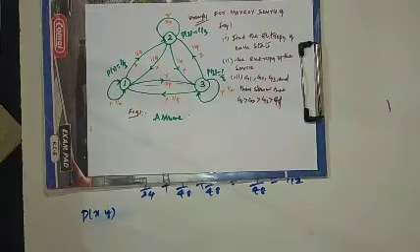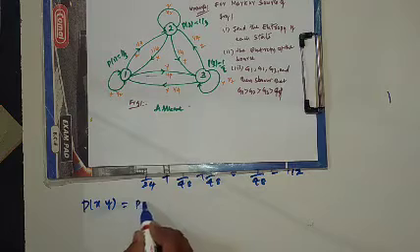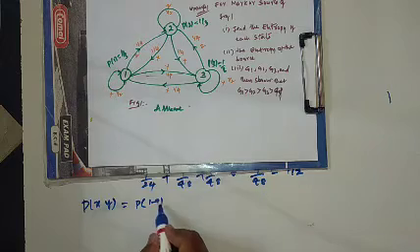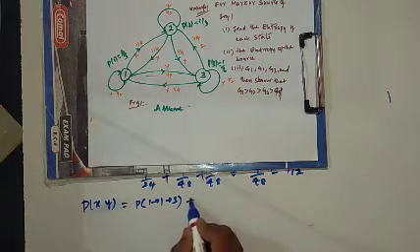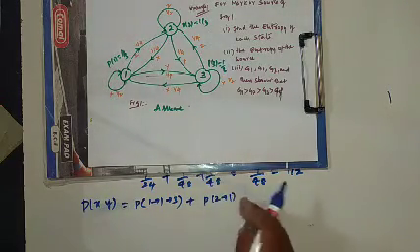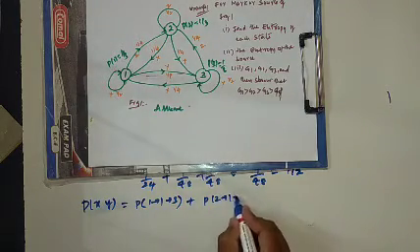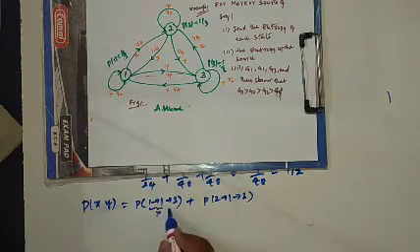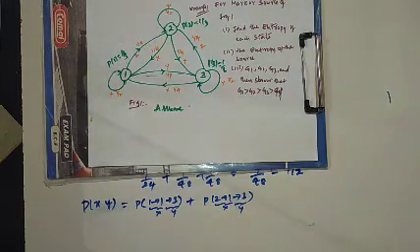The probability of occurrence of xy is equal to the probability of the transition 1 to 1, that is x, and then 1 to 3, plus the probability of 2 to 1, that is x, and 1 to 3 is y. See, this is x, whereas this is y. This is x, this transition is y.